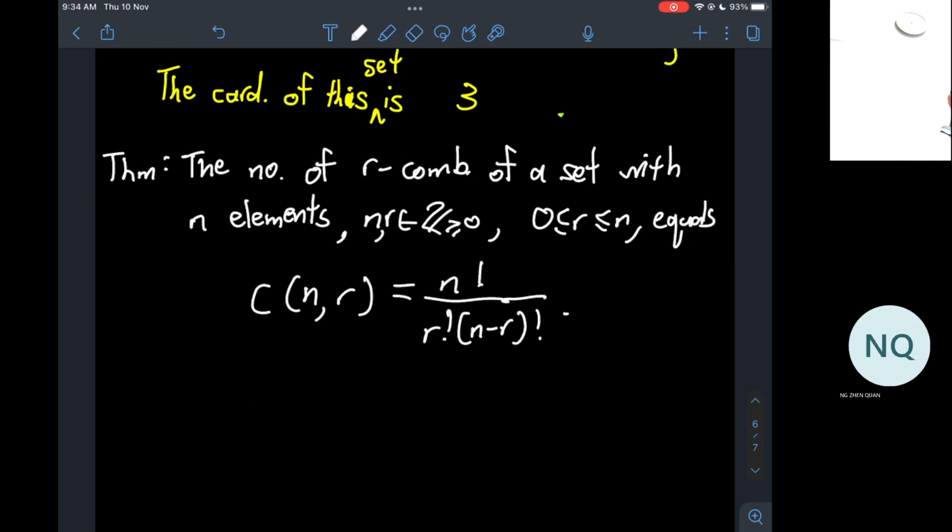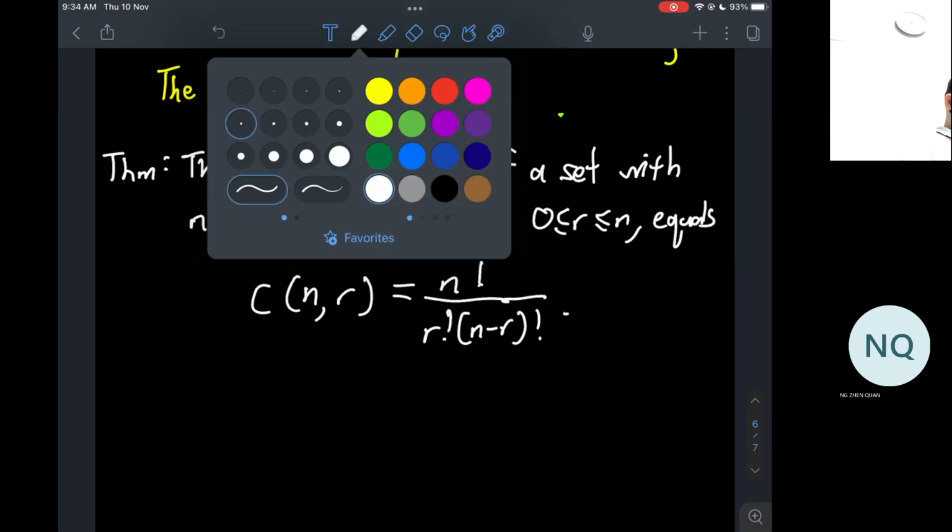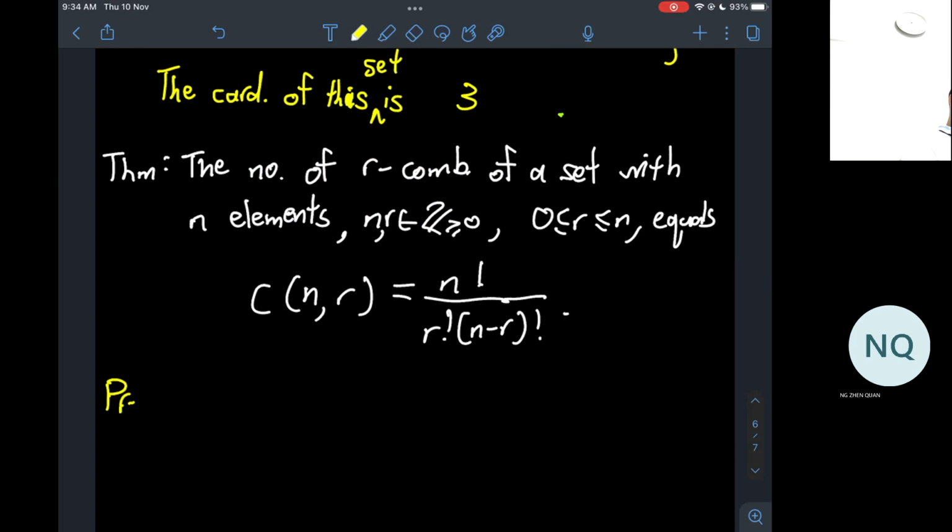Ever wonder how this formula comes from? Why you need to divide? So what is C(n,r)? You can use P(n,r) to understand it.